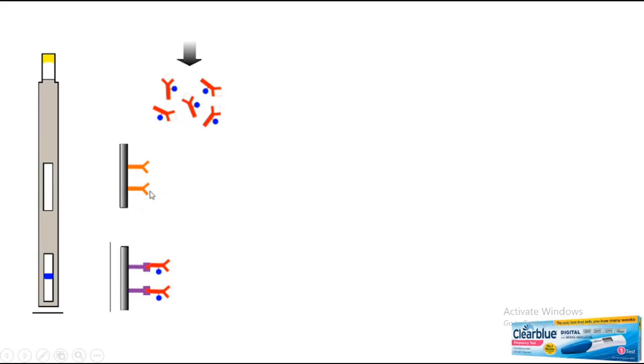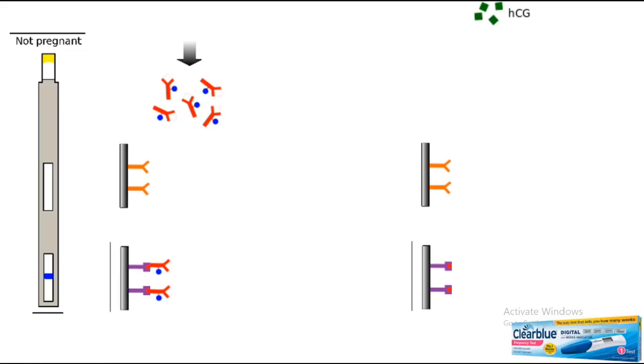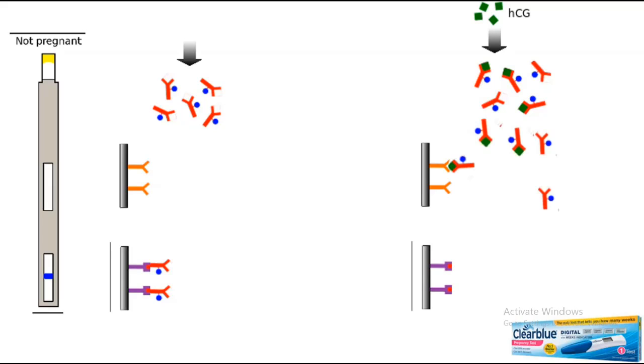Now, what happens when you are pregnant, okay? You have the compound HCG, which is produced upon pregnancy, and you have the detection antibody. The detection antibody binds to the HCG, and the urine flow then brings these complexes along the strip. Because there is an antigen present, the capture antibody in orange is able to isolate the detection antibody and antigen complex.